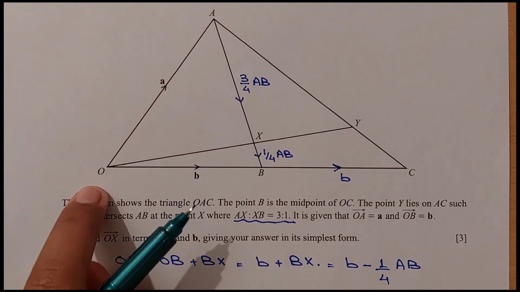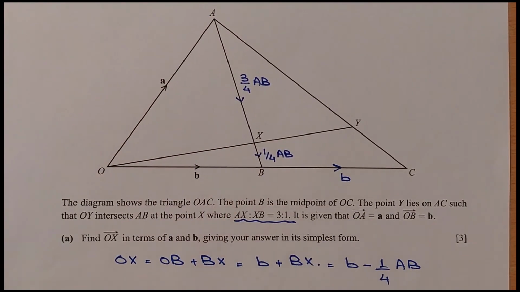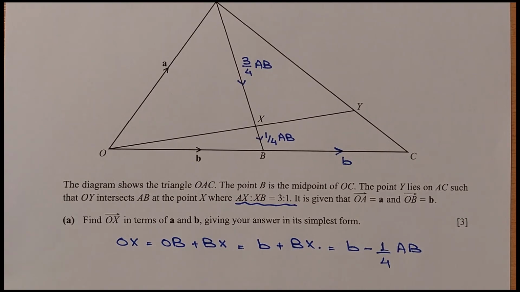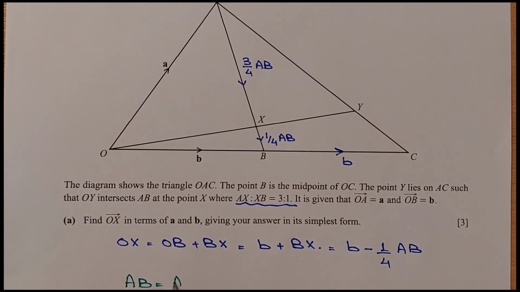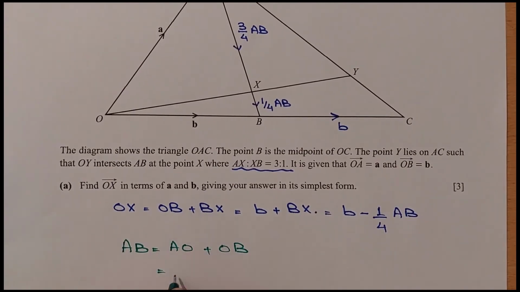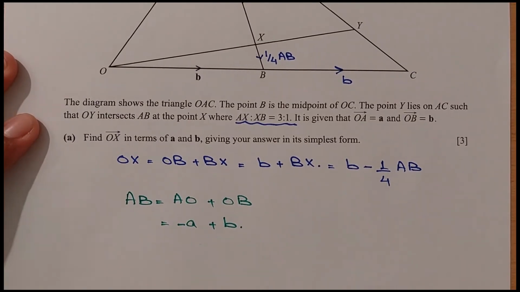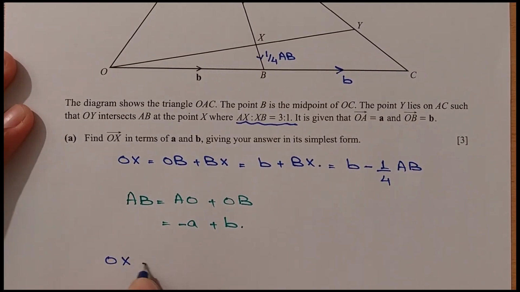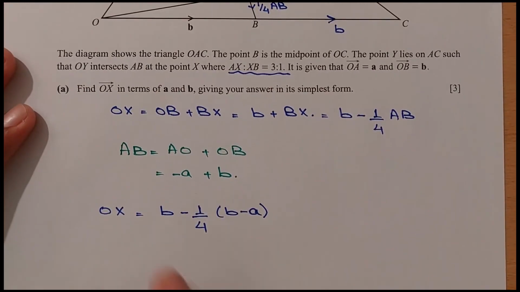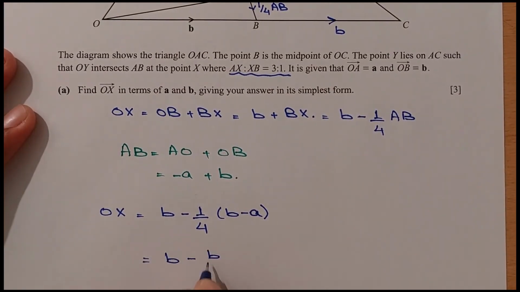So AB follows a path of A to O and O to B, right? So AB is AO plus OB. AO is minus A plus B. So this is minus A plus B. Substitute over here and we will get OX equals B minus 1/4 of B minus A. So we have B minus B/4 and then plus A/4.